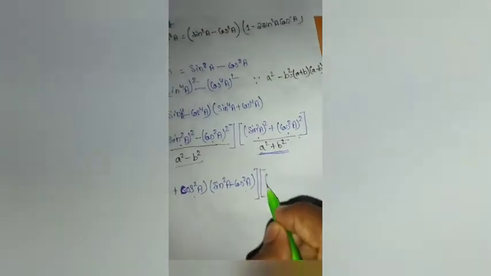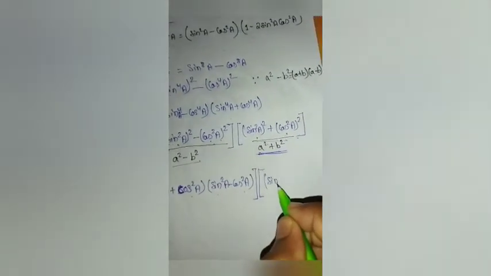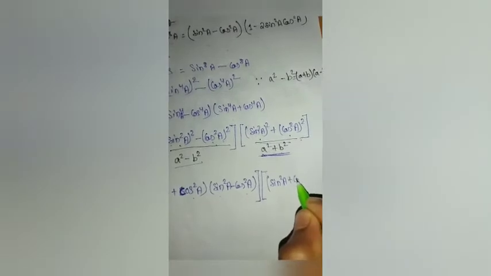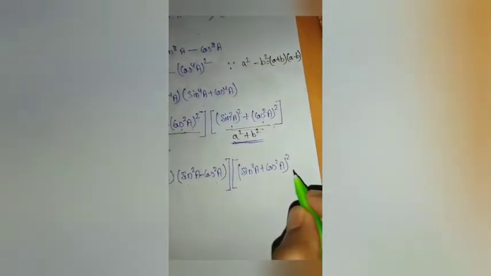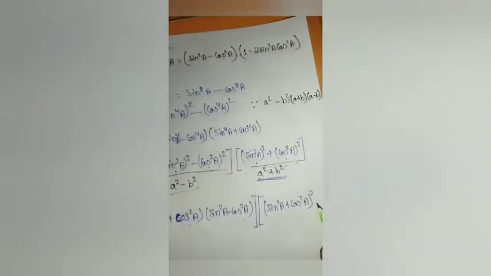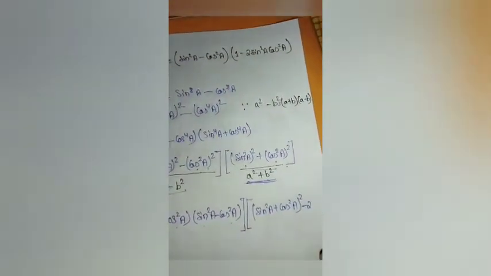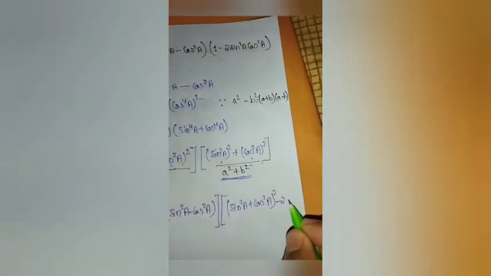So (sine squared a plus cos squared a) whole square, minus 2 into sine square a into cos square a. There is not enough space, so that's why I'm writing it over here. Bracket close.